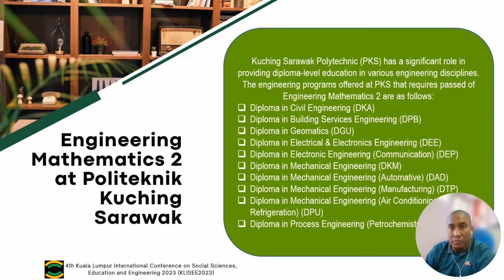The engineering program offered at PKS that require pass of Engineering Mathematics 2 are as follows: Diploma in Civil Engineering, Diploma in Building Services Engineering, Diploma in Geomatics, Diploma in Electrical and Electronic Engineering, Diploma in Electronic Engineering Communication, Diploma in Mechanical Engineering, Diploma in Mechanical Engineering Automotive, Diploma in Mechanical Engineering Manufacturing, Diploma in Mechanical Engineering Air Conditioning and Refrigeration, and Diploma in Process Engineering Petrochemistry.